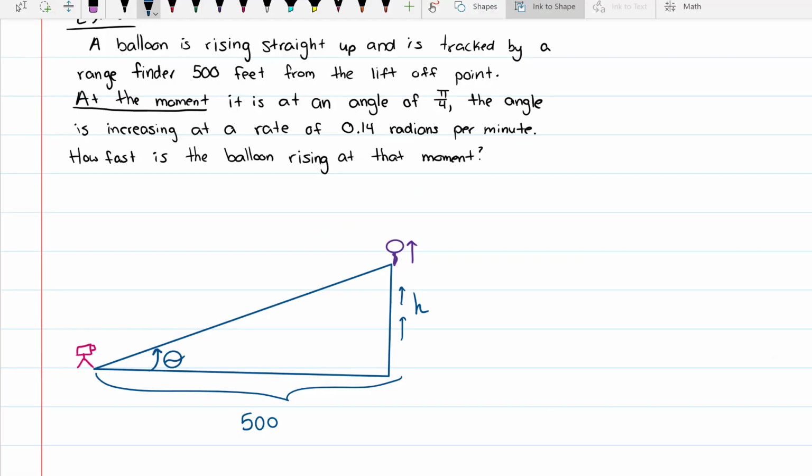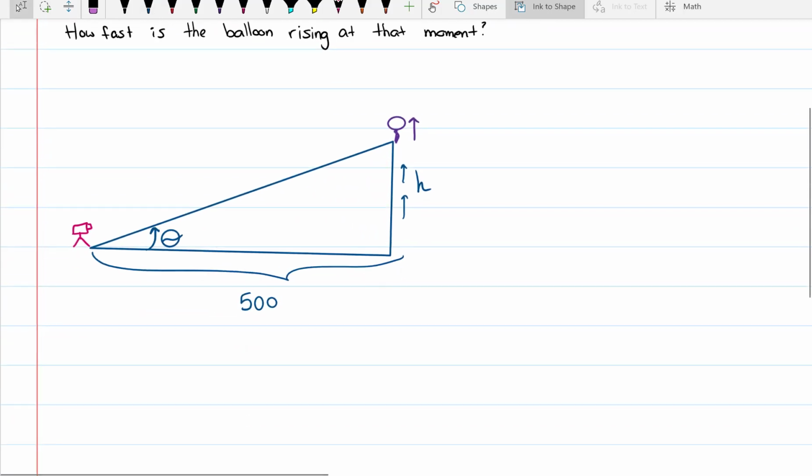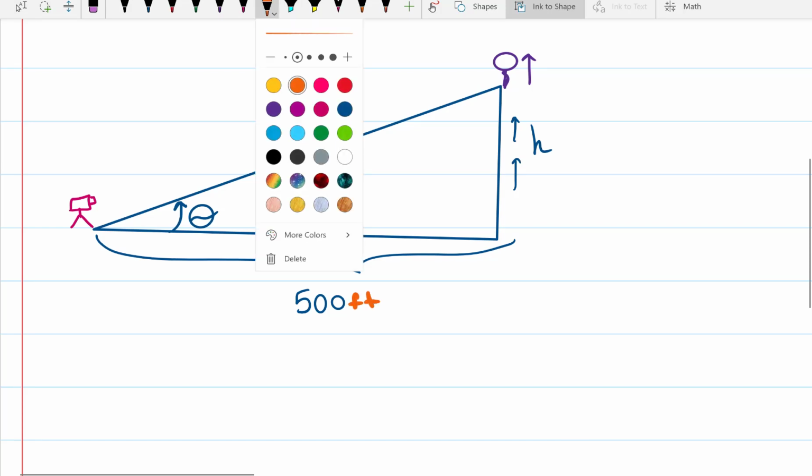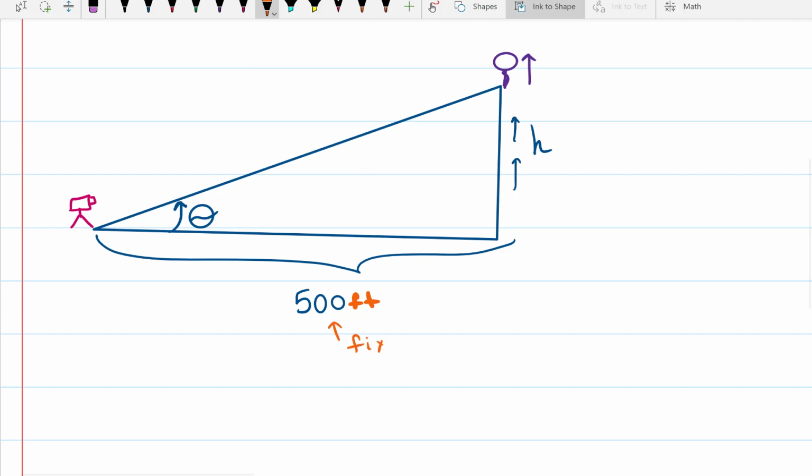So what we need to do is identify our variables. This value right here of 500 feet is fixed. This does not change in our equation. Theta, however, is going to change at a rate of d theta over dt, the rate of change of theta with respect to time, and this is going to be dh dt, the change in height with respect to time.